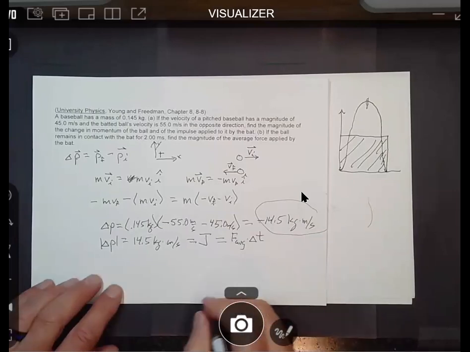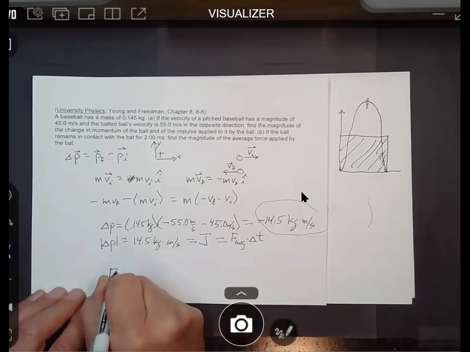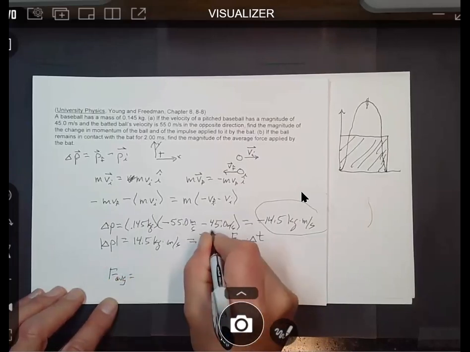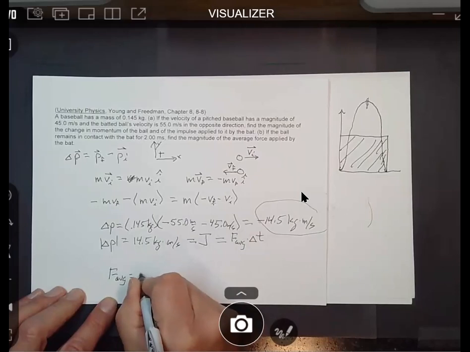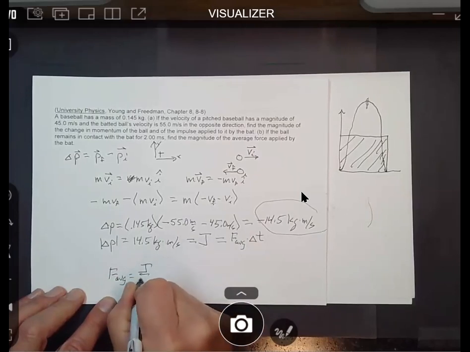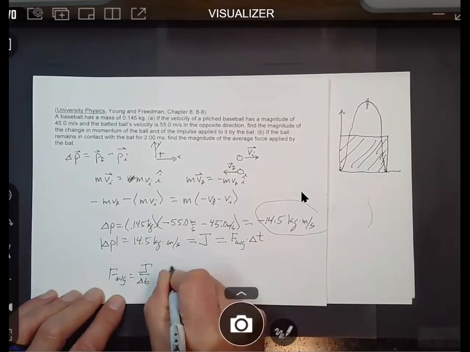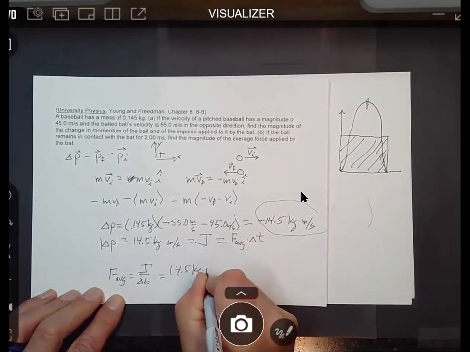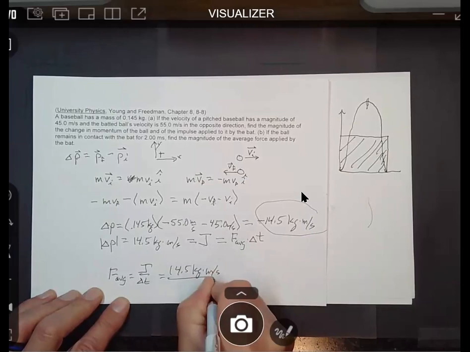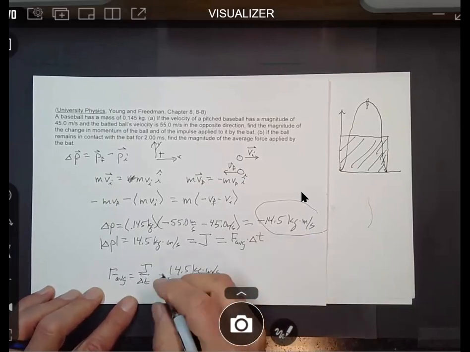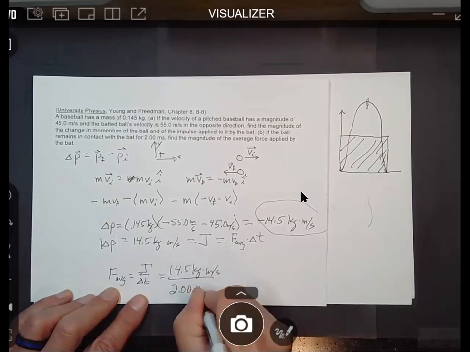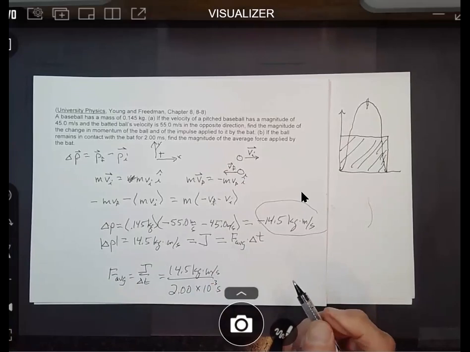So the average force is just going to be, in this case, that J number, the impulse, divided by the delta t, 14.5 kilogram meters per second divided by the time, which was 2 milliseconds, 2.00 times 10 to the minus third seconds.